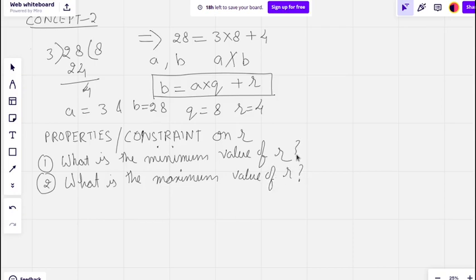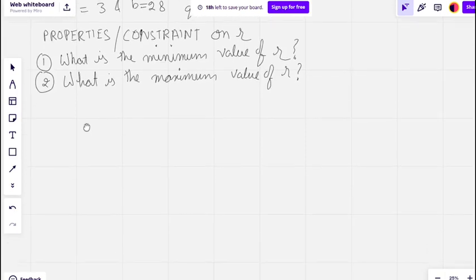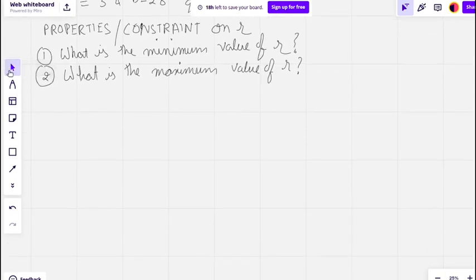Okay, so let us take the minimum value. Well, the first question which we need to ask ourselves is, can R be a negative number? So if you are dividing two numbers and let's say the two numbers are positive, can R be less than 0?